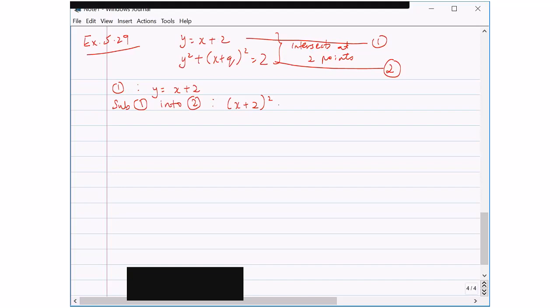Continue: plus (x plus q) whole squared. That one I don't change anything, just leave it as (x plus q) whole squared, equal to, also don't change. The only thing that changed was y has been replaced.